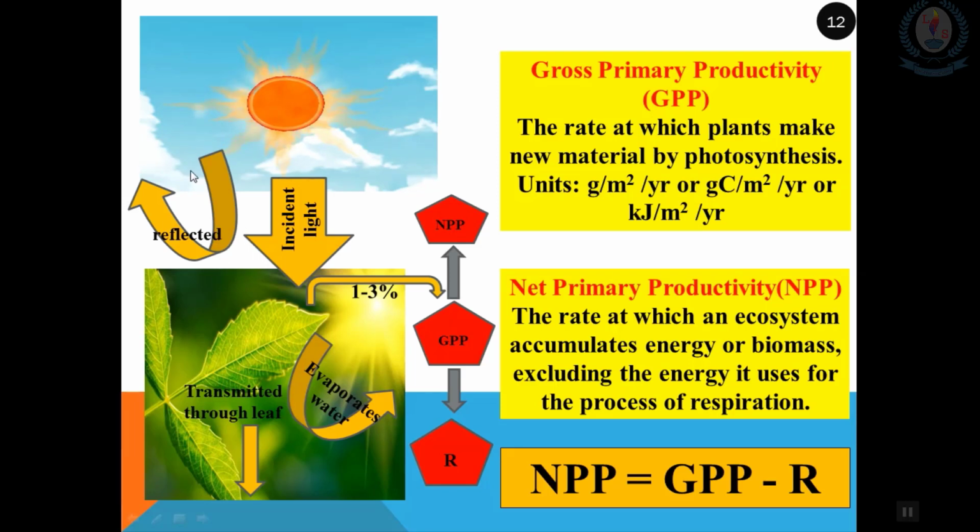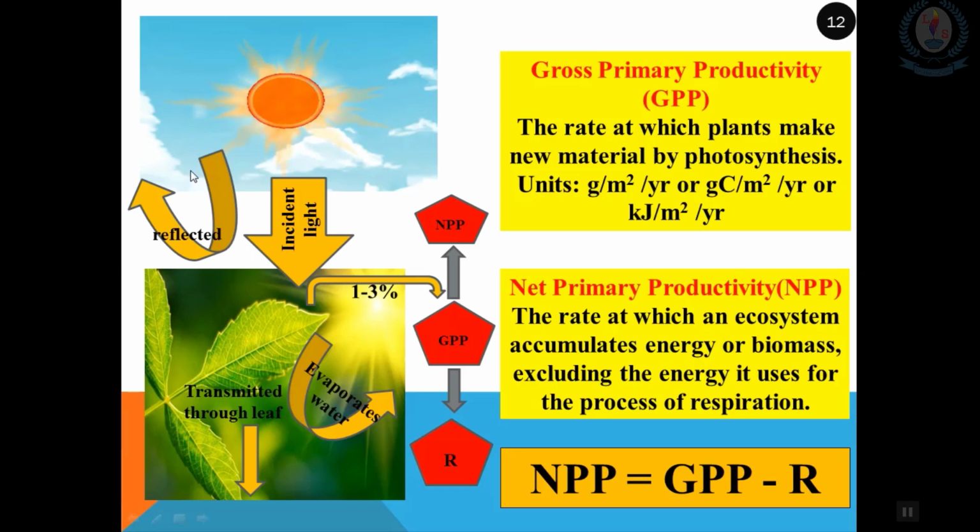The rate at which the 1% of light helps the production of new materials inside a plant is known as the gross primary productivity. At the same time, the plant has to survive. It's doing respiration. That's where most of the energy goes.